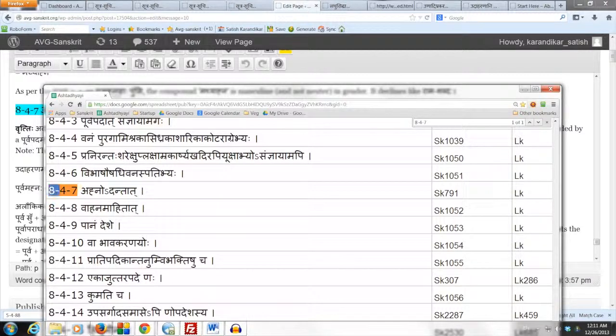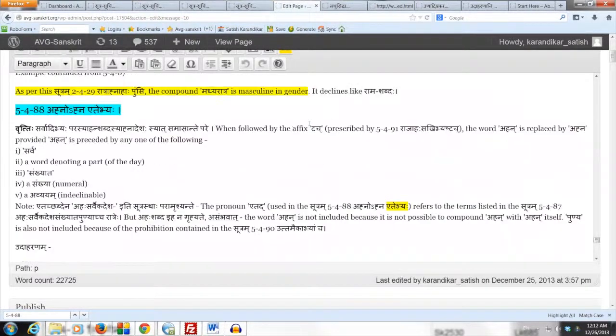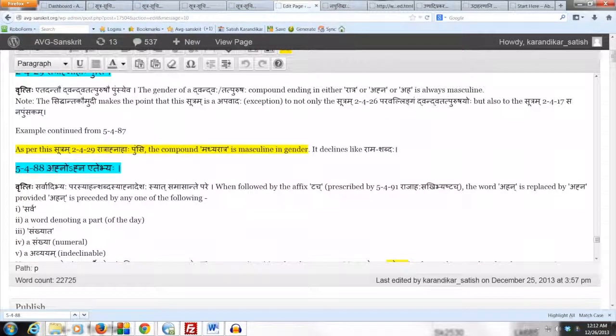Okay. The Vritti Sutram says, adantapurvapadasthad rephat parasyahna deshasya nasya nasyat. Adantat purvapadasthat rephat parasya ahnadeshasya nasya naha syat. Which means that the letter na of the term ahna. Now we already know the Sutram 5.4.88, ahno hna etebhya.